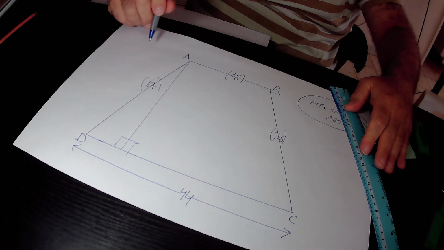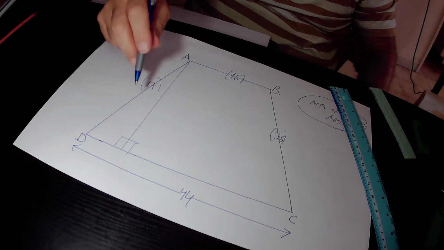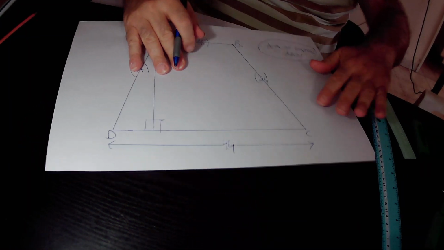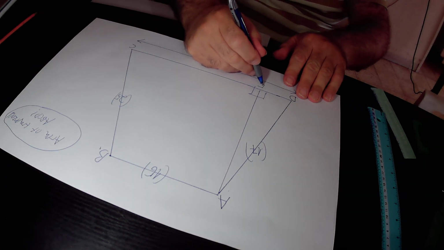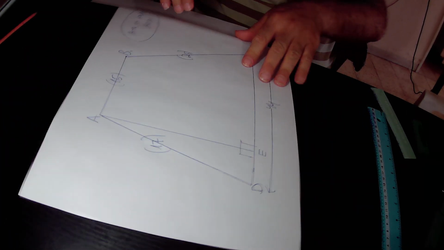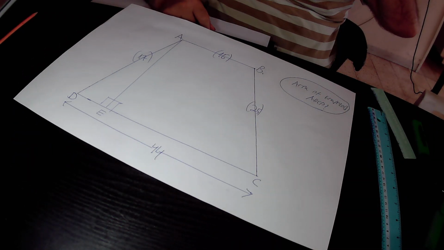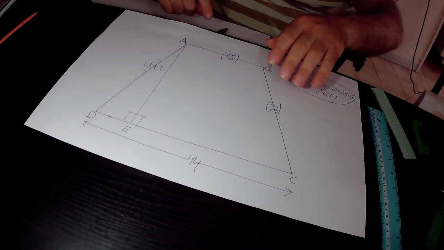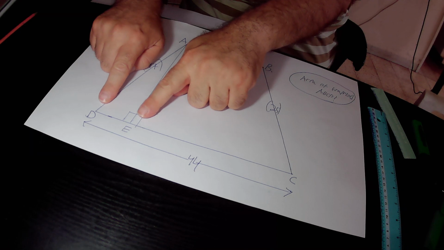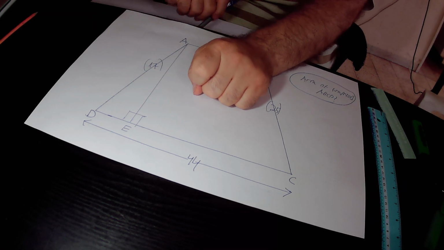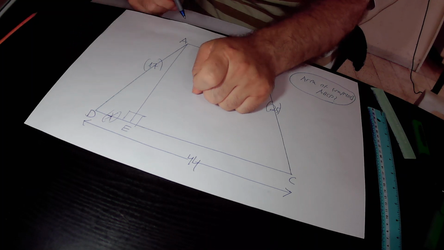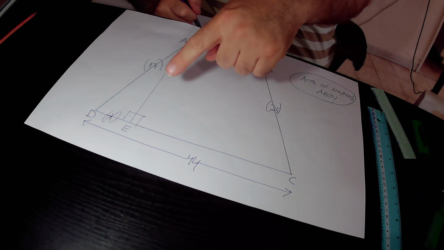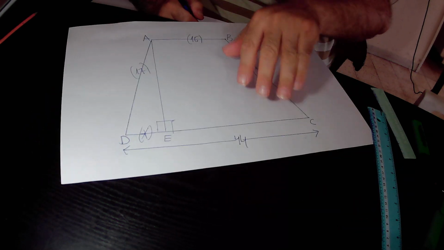We define the touching point of the perpendicular from point A and DC as point E. We define the length of line DE as x. We define the length of side AE as h.